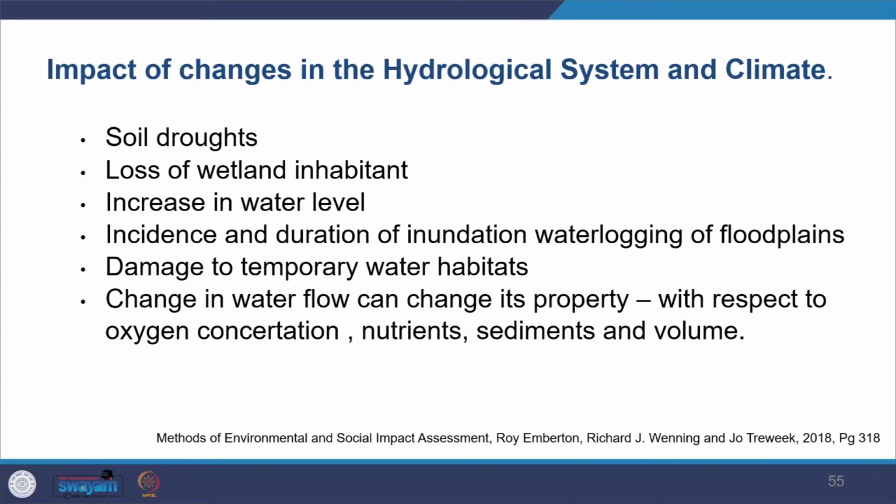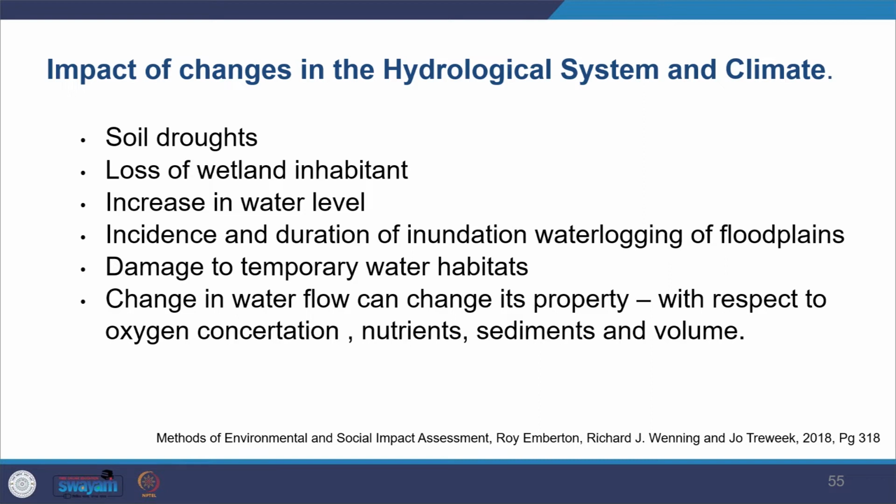And then you also see the changes in the hydrological system and climate can also impact. So there you can see soil droughts, and you can also see loss of wetland inhabitants. You also notice that there is an impact of increase in the water level.